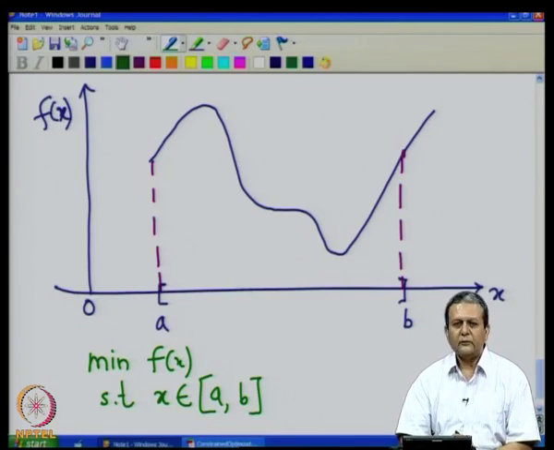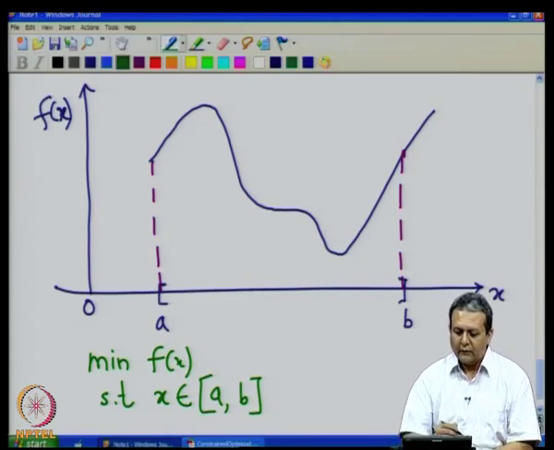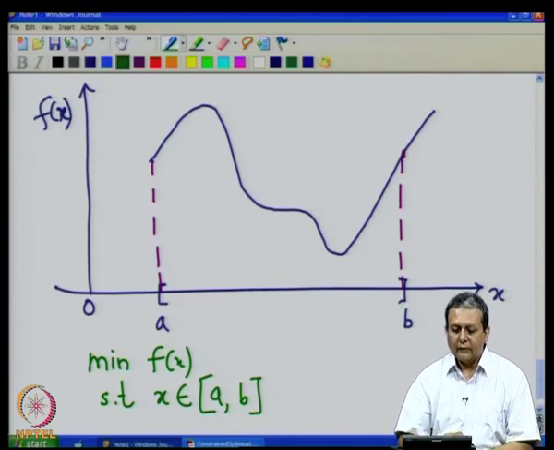Now let us look at the global minimum first. If you just concentrate on this part of the domain a b of the function, we are not really interested in what happens beyond the closed interval a b. If you look at the definition of the global minimum, it says that f(x star) should be less than or equal to f(x) for all x in the constraint set or the feasible set, and remember that x star also should belong to the constraint set.